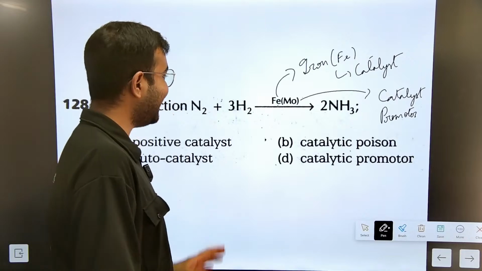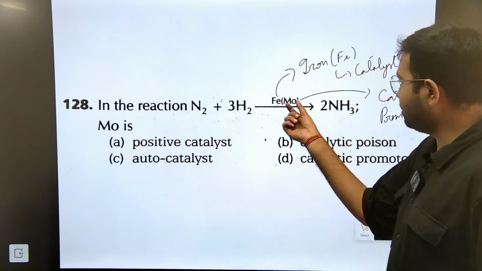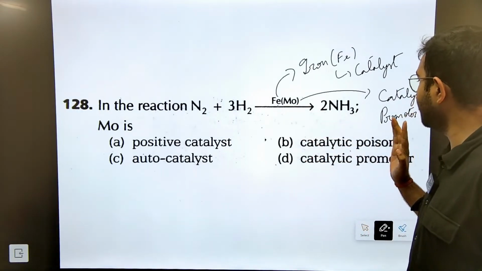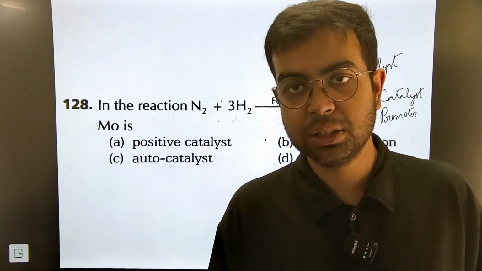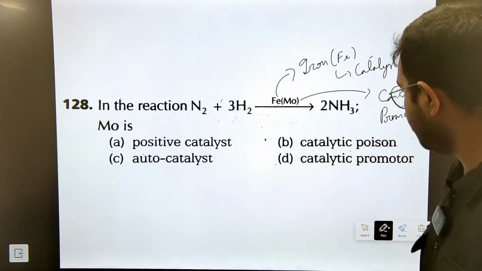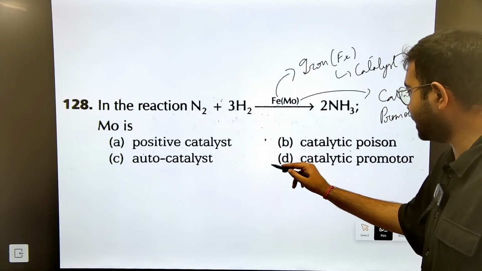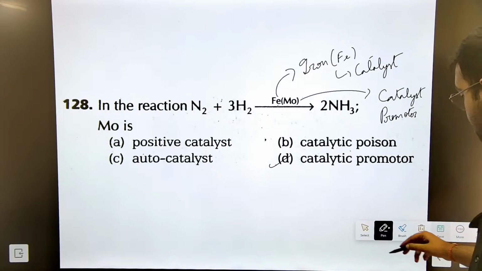So in any kind of reaction, मान लो catalyst के बगल में ब्रैकेट में कोई चीज लिखा है, that thing is always a catalytic promoter. What is a catalytic promoter? It helps the catalyst in its action to fasten up the reaction. So in this case, the correct answer is that in this reaction, molybdenum is acting as option D, a catalytic promoter.